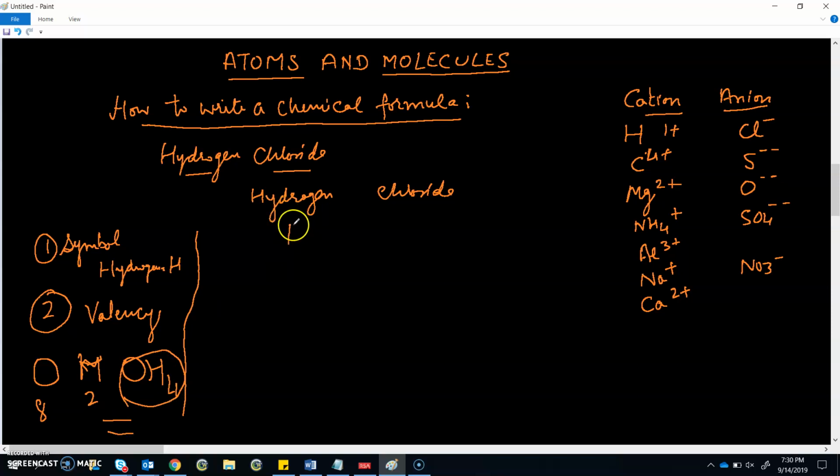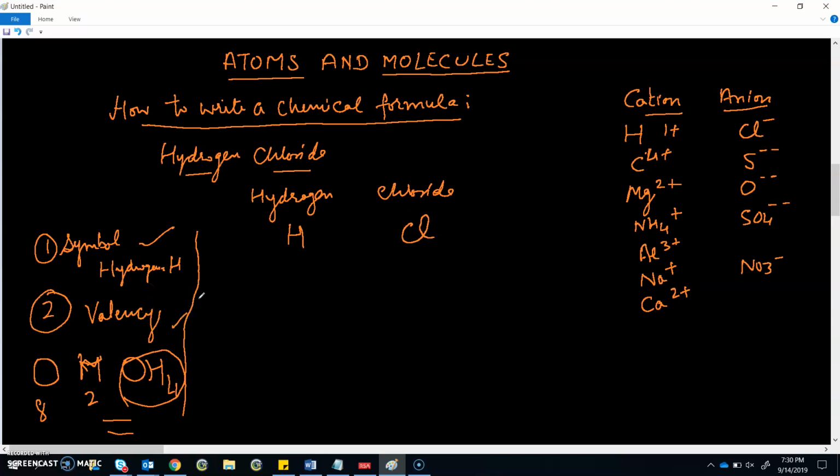Now, if we are taking the example of hydrogen chloride, first we have to write the symbol. Its symbol is H and chloride symbol is Cl. What is its valency?